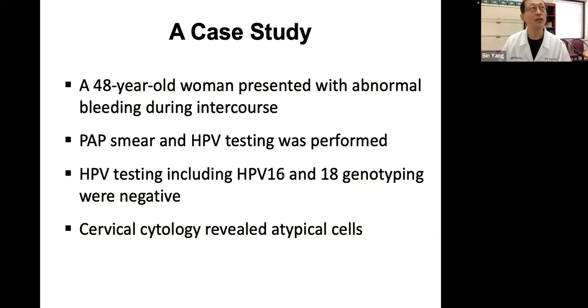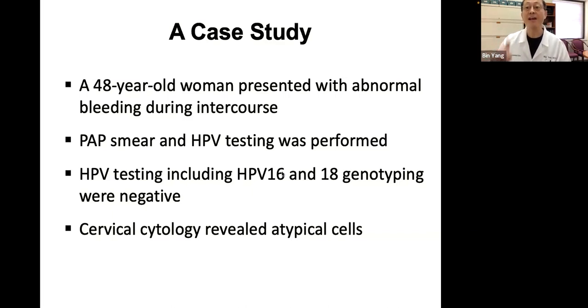I published in 2013 on AGC with HPV testing. We followed about 300,000 Paps and identified all our AGC and AEC. What we found is that among those AGC, AEC, if women were subsequently HPV positive, we got a 63% significant lesion.